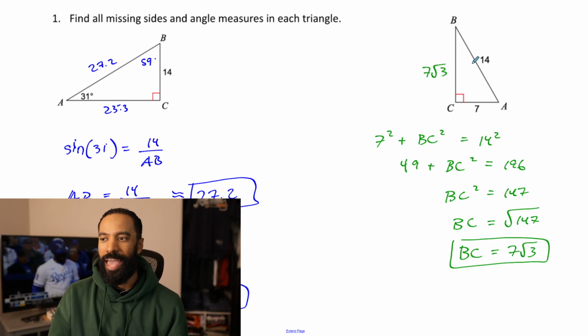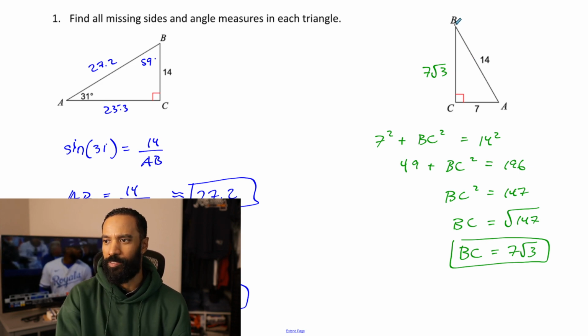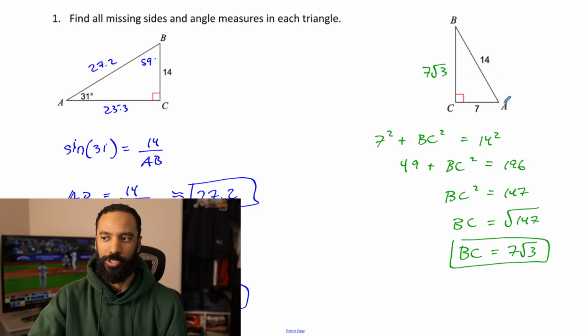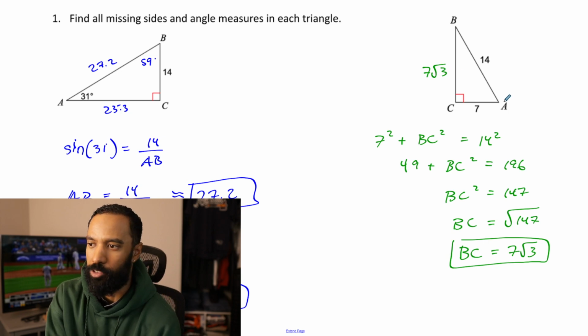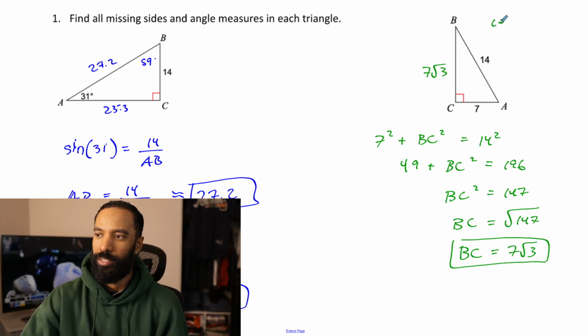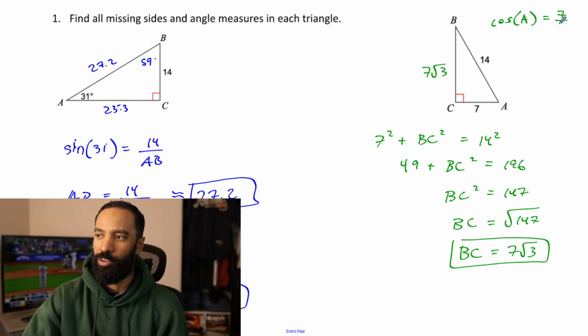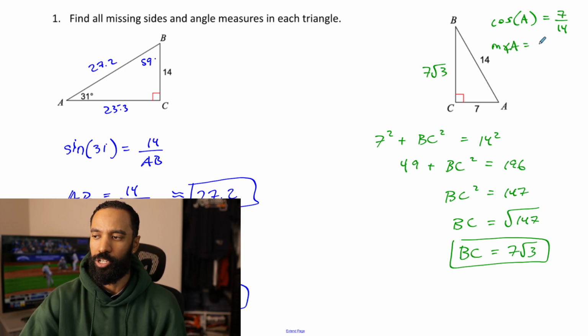Now, if I want to find A or B, you can make a choice in where you want to begin. I didn't use cosine in the previous problem, so I'll use it here. Let's find A first. The measure of angle A can be found by using cosine. This is also an exact value, and I'm comfortable with that, but I'll just use the 7 and 14 that are here. The cosine of angle A is adjacent over hypotenuse, 7 over 14. So if I take the inverse cosine of both sides, I'll get that the measure of angle A is the inverse cosine of 7 over 14.